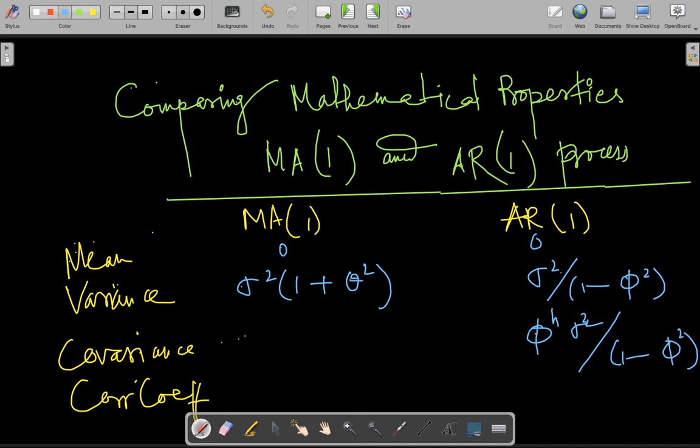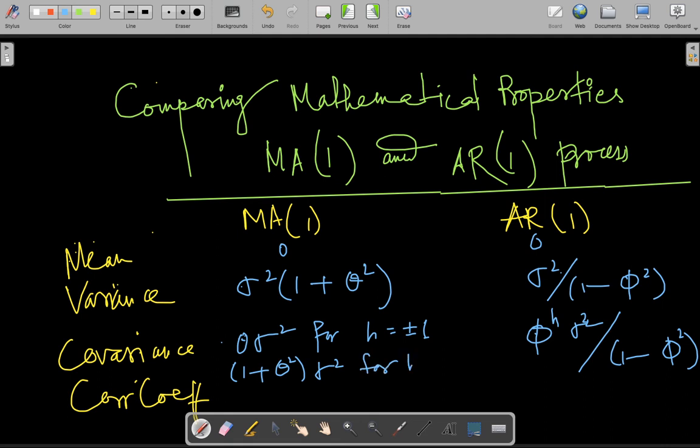Whereas for the MA1 process, we have seen the value of the covariance varies depending on the value of the lag. So for lag equal to plus or minus 1, we have covariance value theta sigma square, and it is 1 plus theta square times sigma square for h equal to 0.